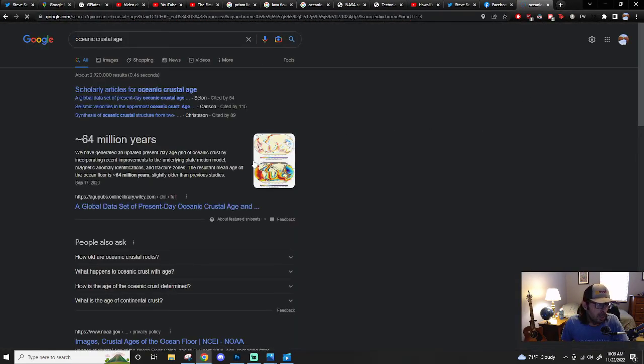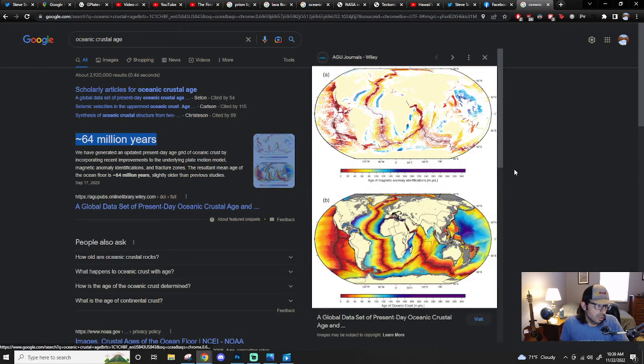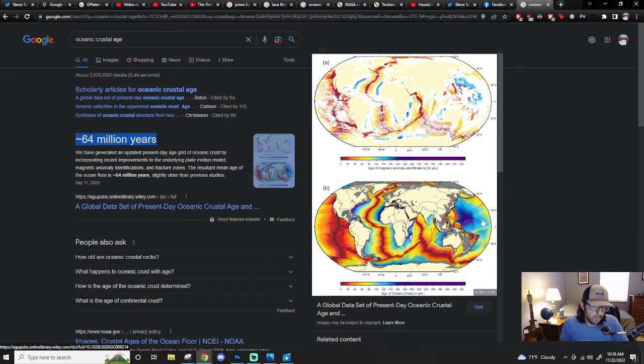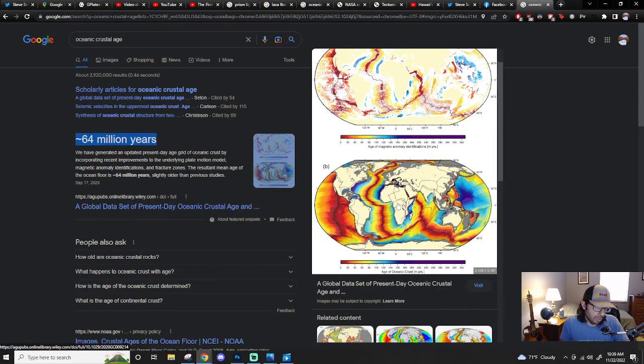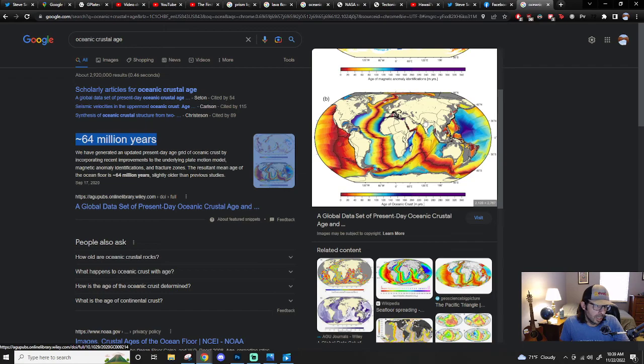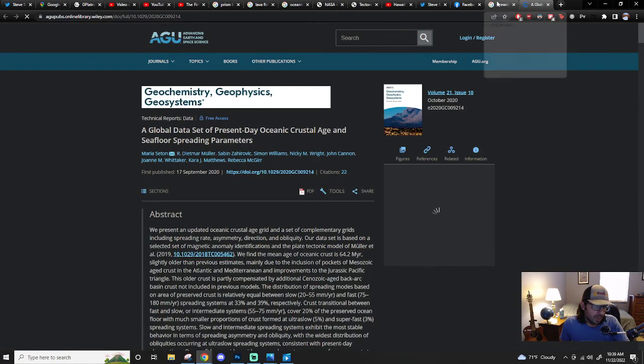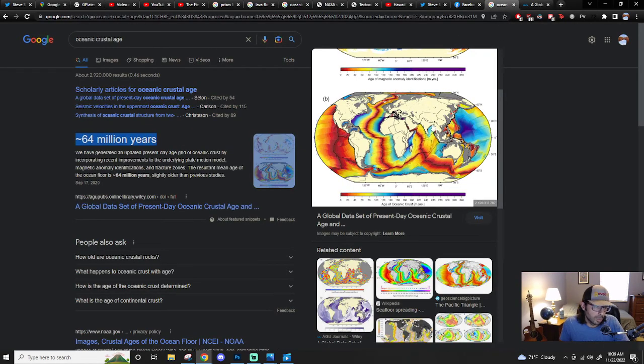Which is really when, isn't it crazy? The average age of the oceanic crust is approximately just after the rapid supernova. So it's almost like just a little bit more of the oceanic crust was formed after the Earth started to rapidly supernova than before.